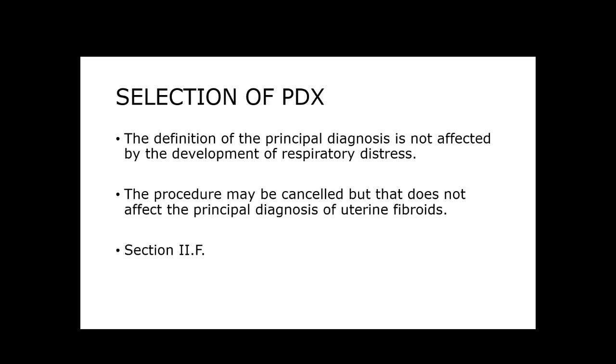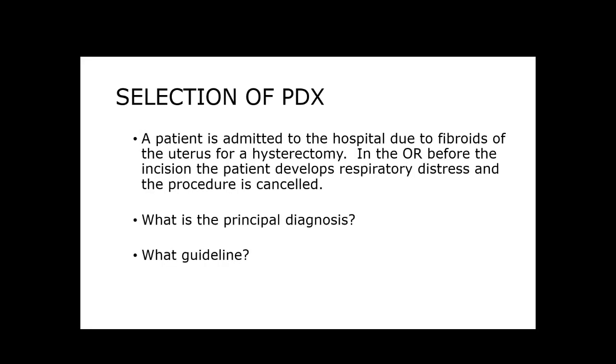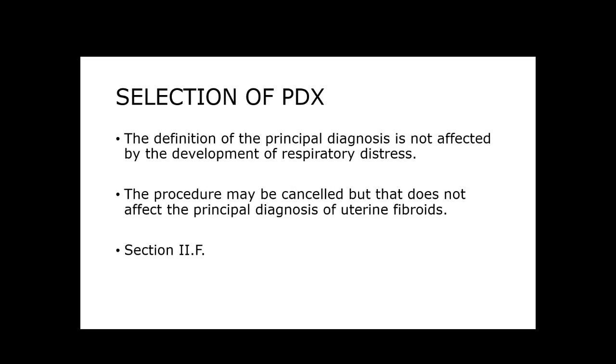So, the definition of the principal diagnosis is not changed because this patient develops respiratory distress. The condition determined to have occasioned the admission to the hospital is the fibroids of the uterus. Respiratory distress is a secondary diagnosis.